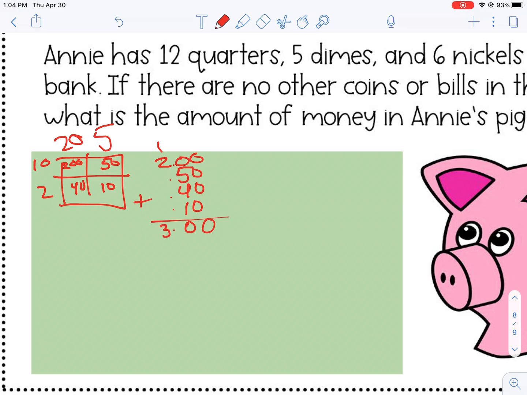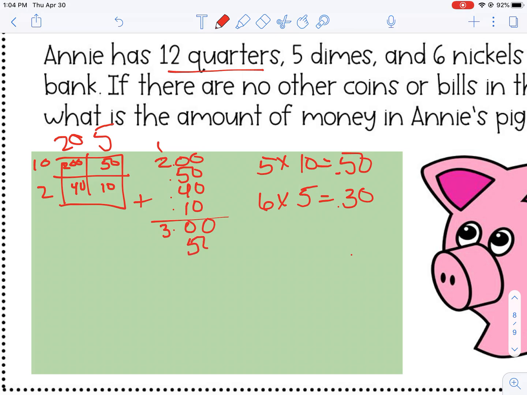So $3 in quarters. And then 5 dimes, that should be easy because that's just 5 times 10, which equals 50 cents. Remember the decimal. And then 6 nickels, and we know that 6 times 5 equals 30, which again is in decimals. So we add that all together.